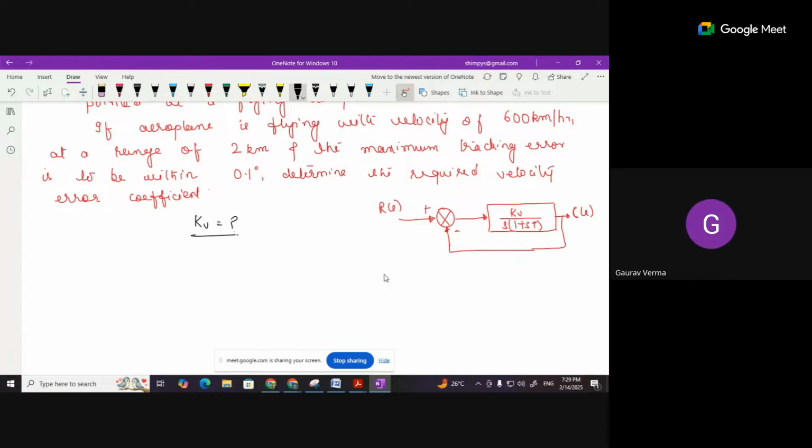Now since our aeroplane is moving with a constant velocity, what will be this R(s)? This R(s) is going to be a ramp function, 600 by s squared.